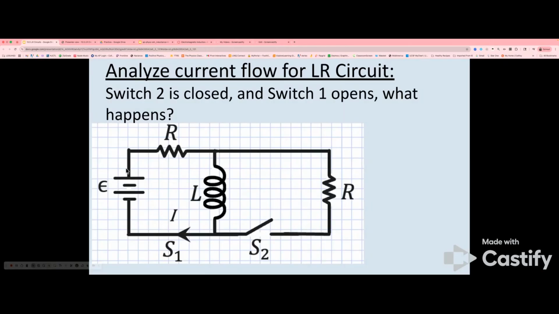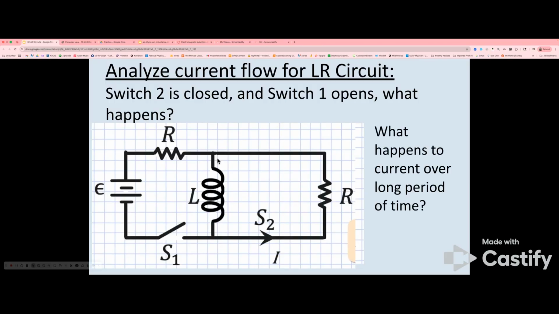Well, first off, we've got a current going out of the battery when switch 1 is closed and switch 2 is open, and it's going clockwise. When switch 2 is closed and switch 1 is open, the inductor, which has a current coming down, is going to continue the current coming down, and then it's going to dissipate through the LR circuit here, because now this is the closed circuit, until it runs out of energy to have current going through the resistor.